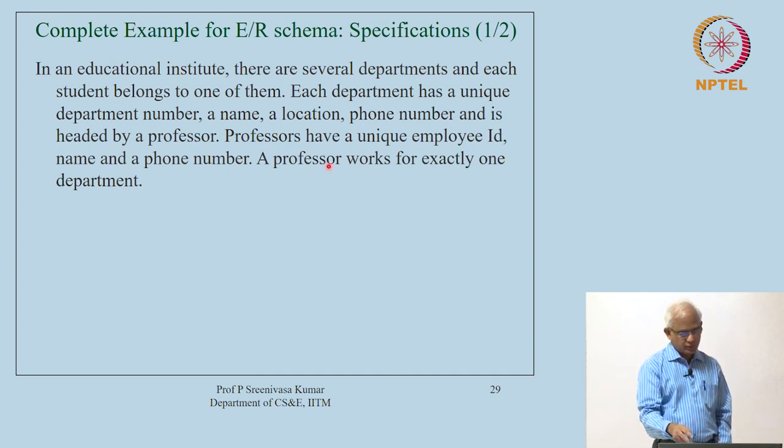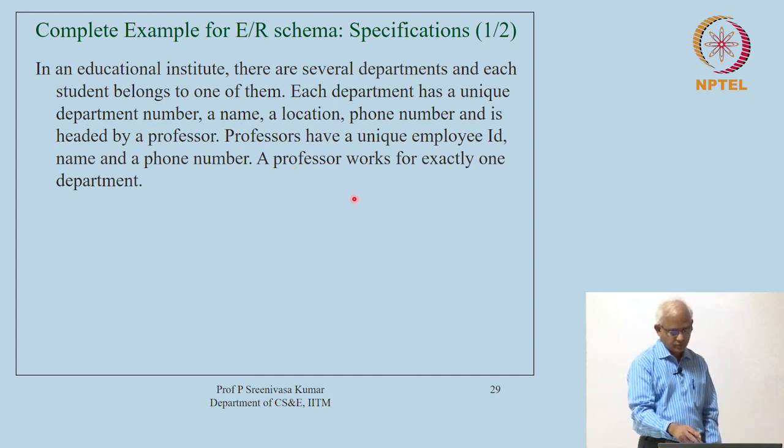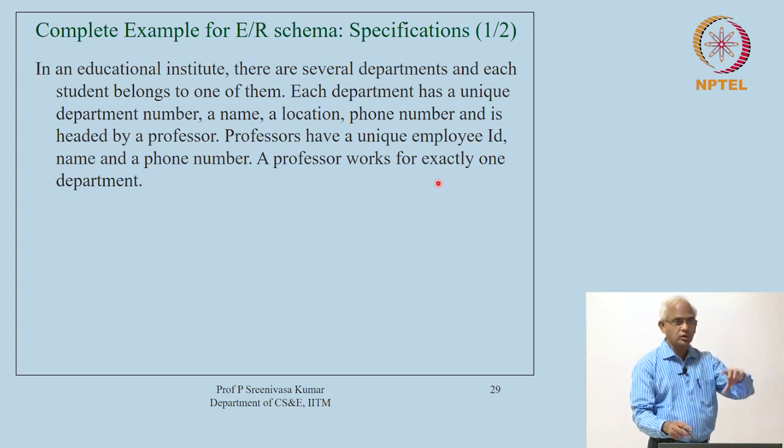Professors have a unique employee ID and name and phone number, and a professor works for exactly one department. This is how we can jot down the domain information, so that we can later translate that into an ER diagram.